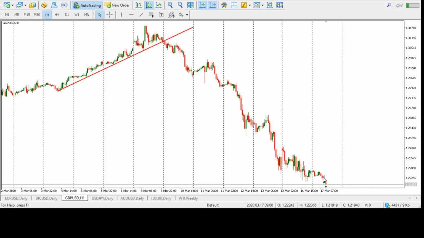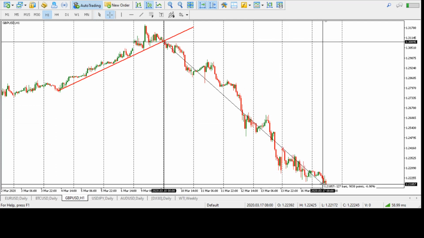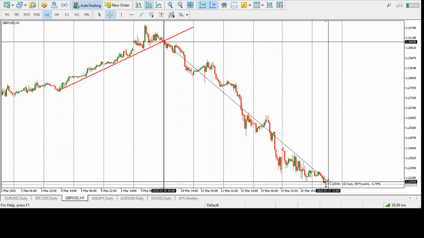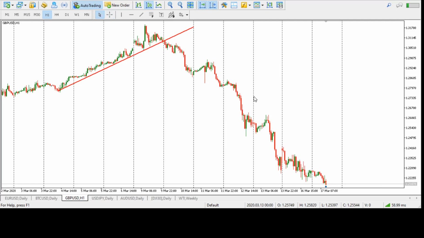In other words, the British pound started losing value against the United States dollar, with a huge movement. What do I mean? Let's take a look. Please pay attention that this movement up until now is 900 points. What does it mean? 900 pips, in other words.